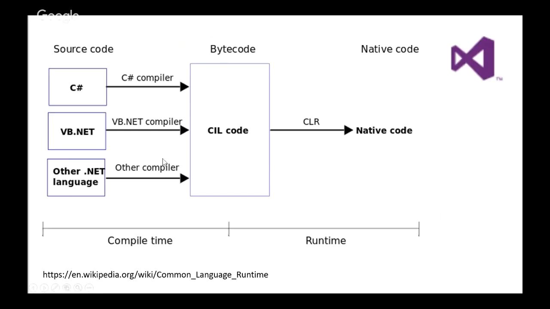That's why this CIL could be decompiled to C# or VB.NET. When you compile your code to IL and try to decompile to C#, so you start from C# and go back to C#, your source code may look different depending on which decompiler you are using. Sometimes it is even better from the readability point of view.